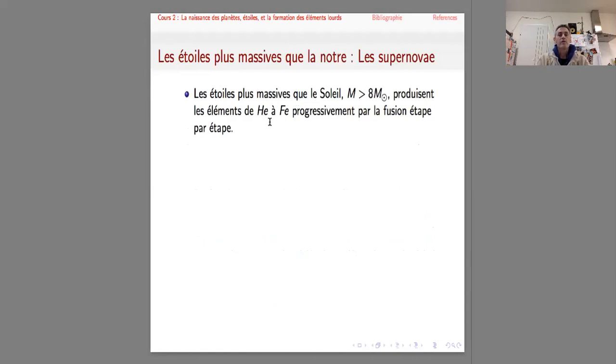Okay, we still haven't addressed the question about where the heavier elements come from. So I just want to very quickly, briefly tell you where the heavier elements come from.